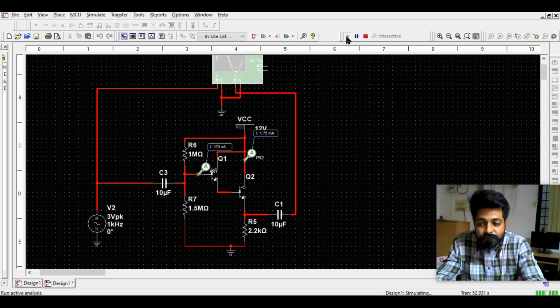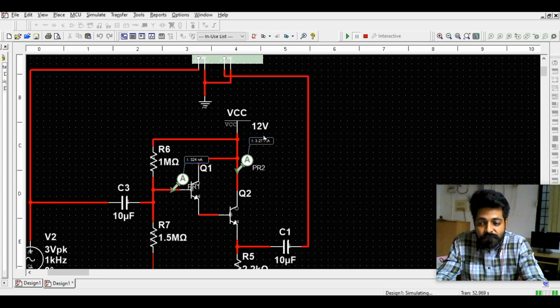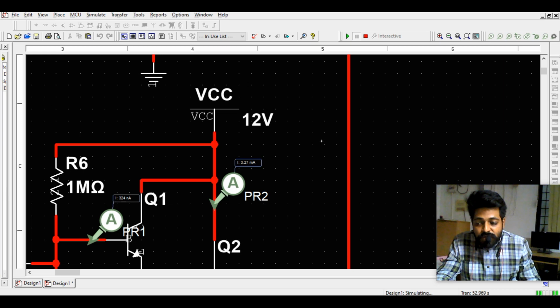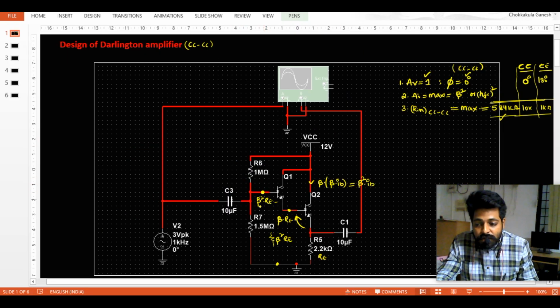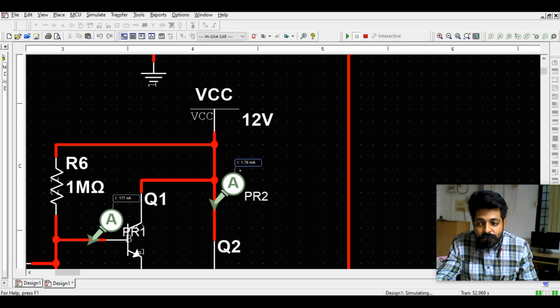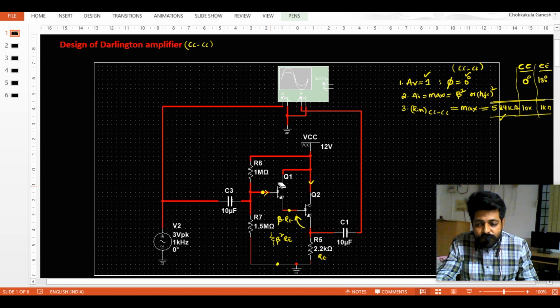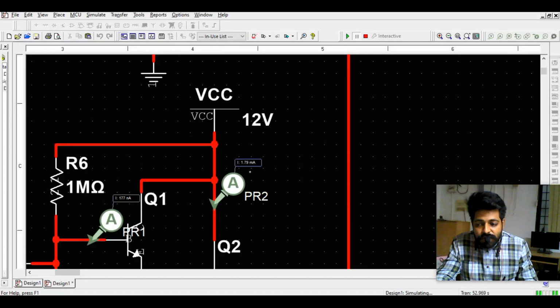If I simulate it, there will be an input current of 177 nano amperes, and the output current will be 1.79 milli amperes.